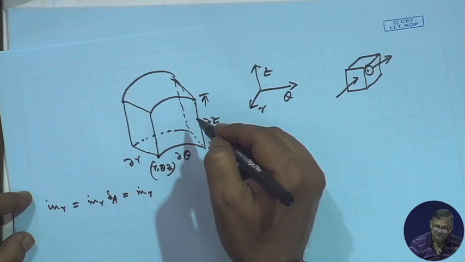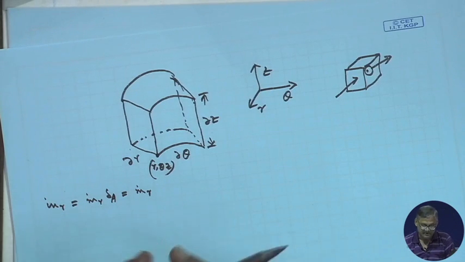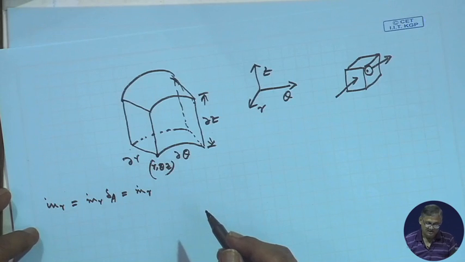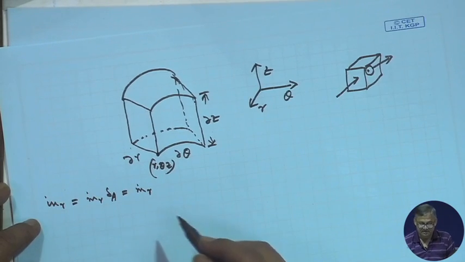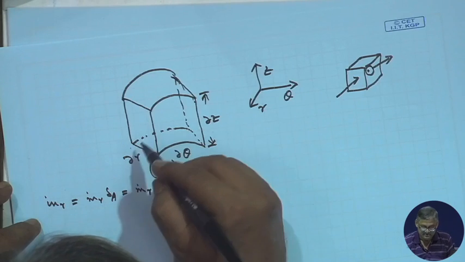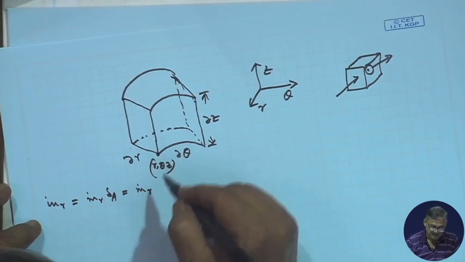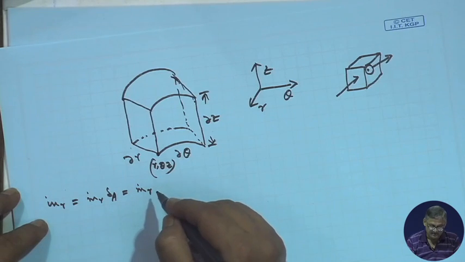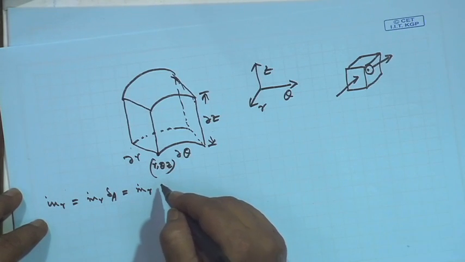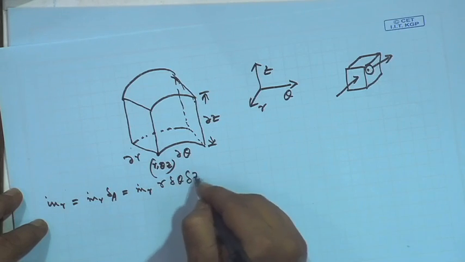The face having the area r del theta del z is this arc. This arc r del theta is that, and here it is m dot r into r del theta del z.